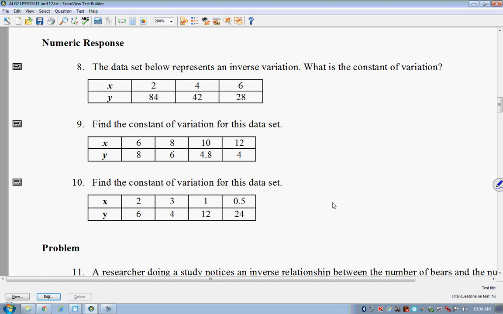What is that? 168. And 6 times 28? 168. Okay. So it didn't ask us, is this an inverse variation? But we should still check it all the way through. So the constant there is 168.